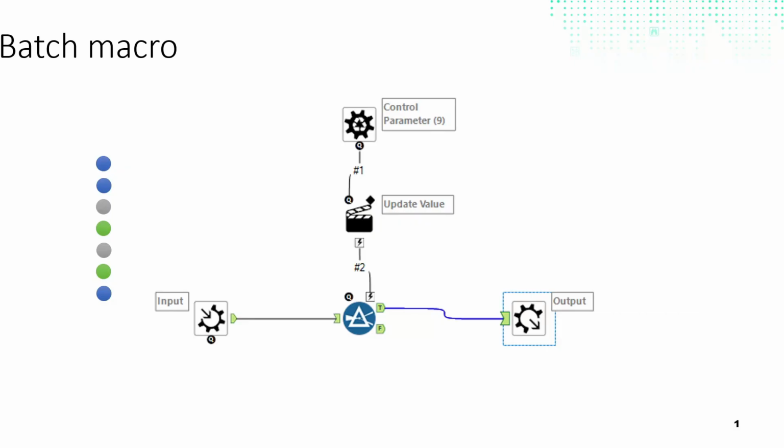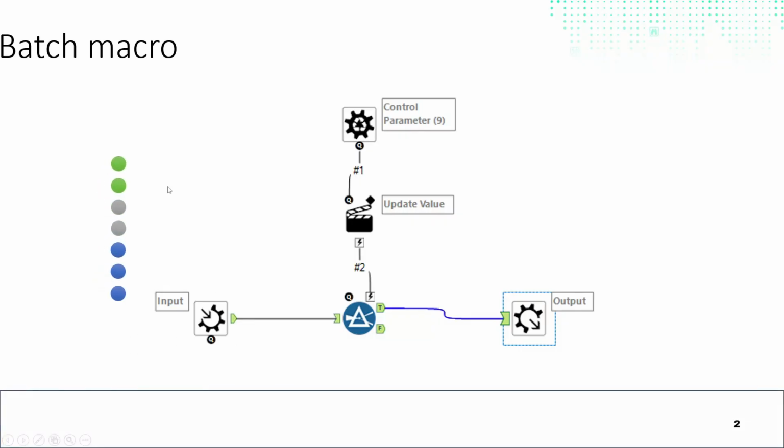Now, grouping the macro, you're going to have a data input now that we didn't have before. Prior, we just had the control parameter coming in and doing its thing. With the data input, it's going to group the data by a specific criteria and then feed that data through piece by piece based upon that criteria.